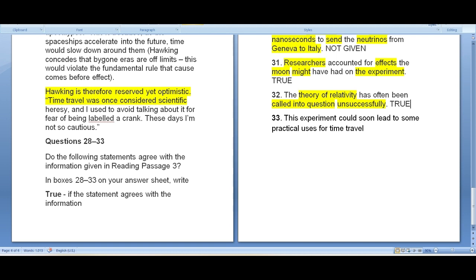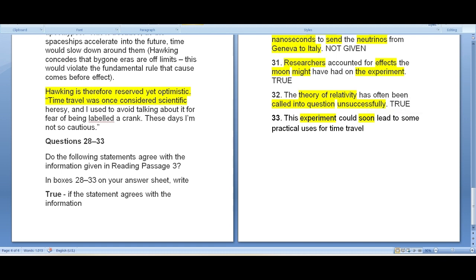This experiment could soon lead to some practical uses for time travel. Let's go. This experiment, we know which experiment it talks about, could soon, be careful. This word here is pivotal for not given tasks. You know why?